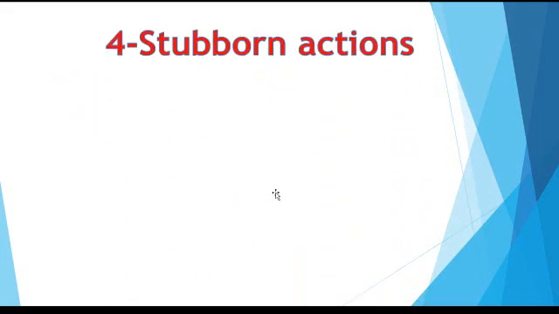Now, stubborn actions. This is very important, and we'll also be talking about the same thing in the present continuous. Like the past simple, but there is a slight difference between the two: it indicates a little bit of exaggeration.